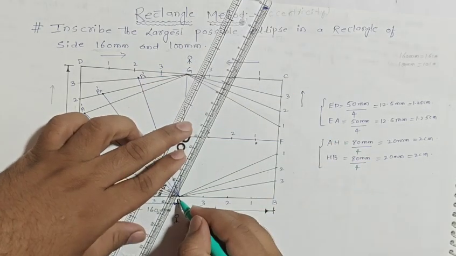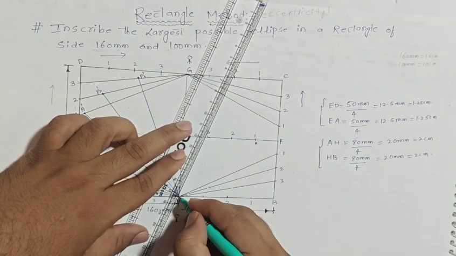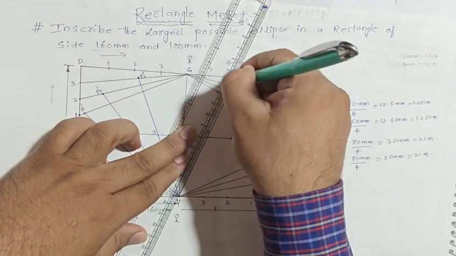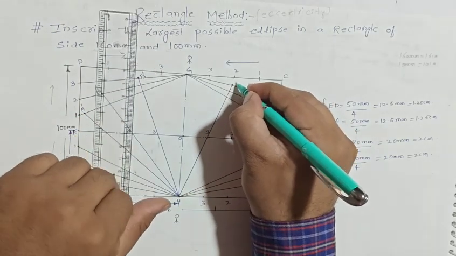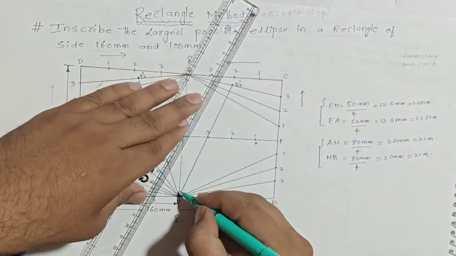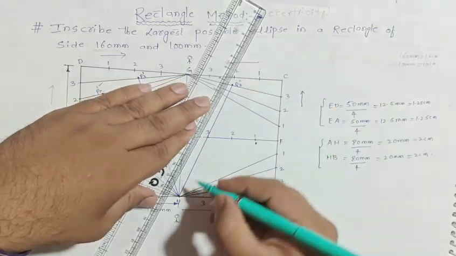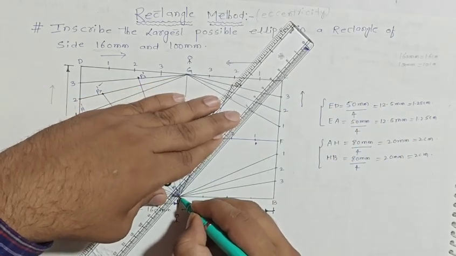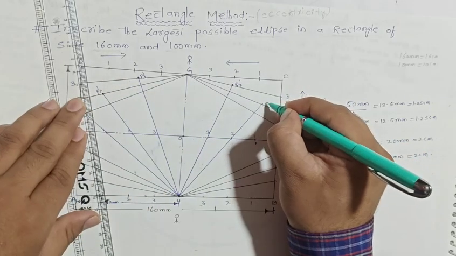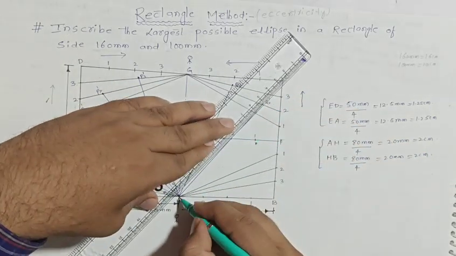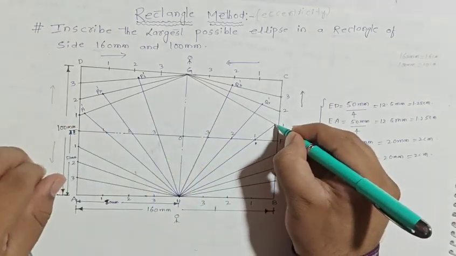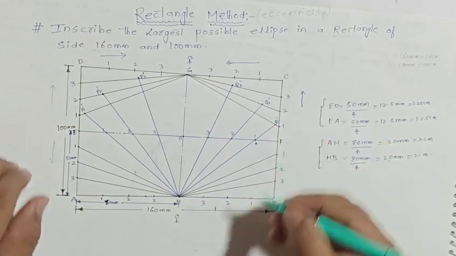Similarly, continue toward right hand side, H3 to 3. So it is represent as Q3 dash, because I am talking about third line. That's what I am representing here, Q3 dash. H2 to 2, so it is represent as Q2 dash. Another one is H1 to 1, so it is represent as Q1 dash.